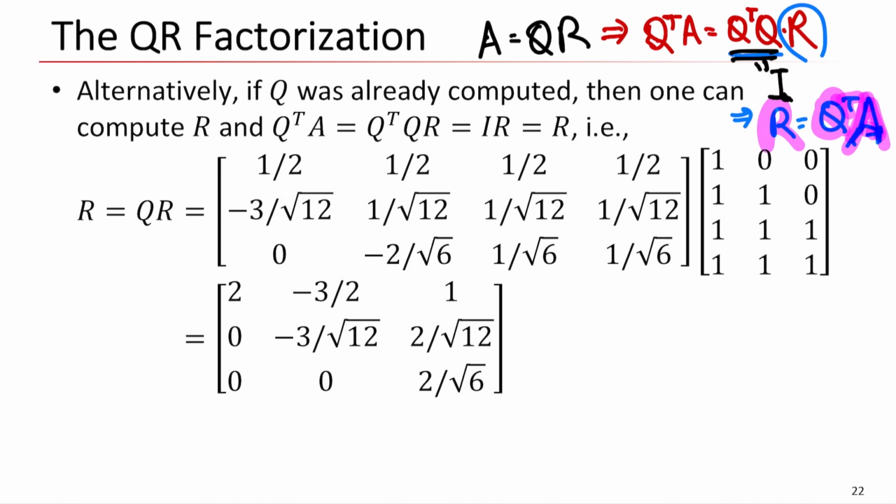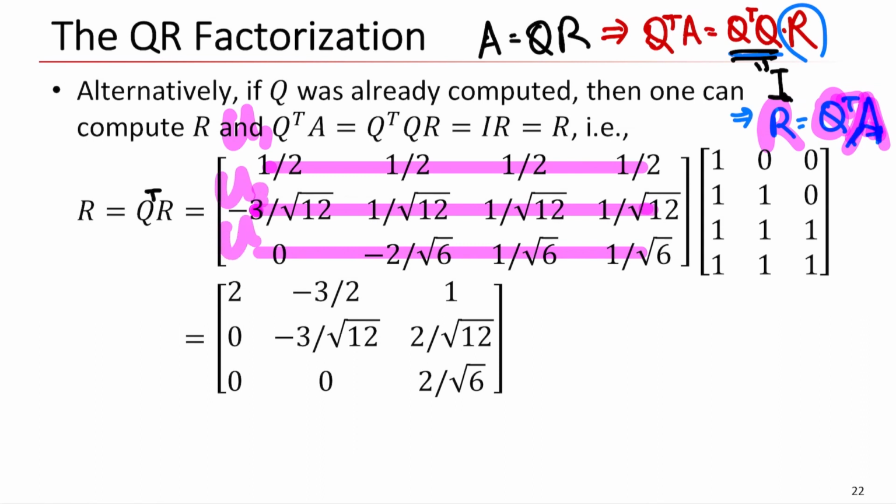So in other words, in the previous slide, we derived the matrix Q, consisting of the three vectors u1, u2, and u3, and by transposing this, we make this matrix, and this is A, right?